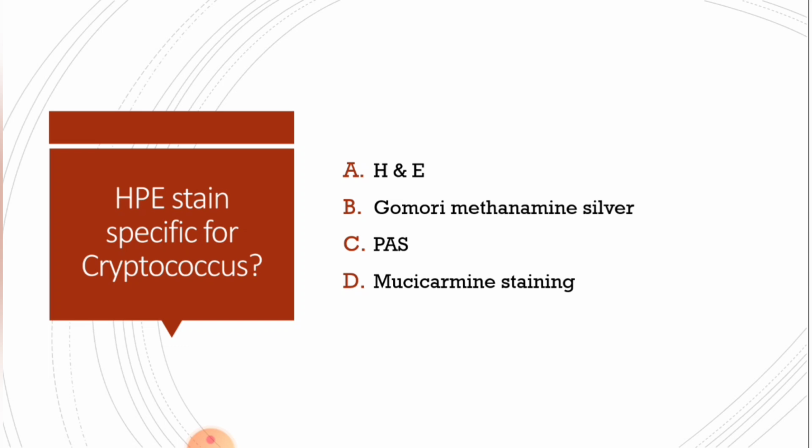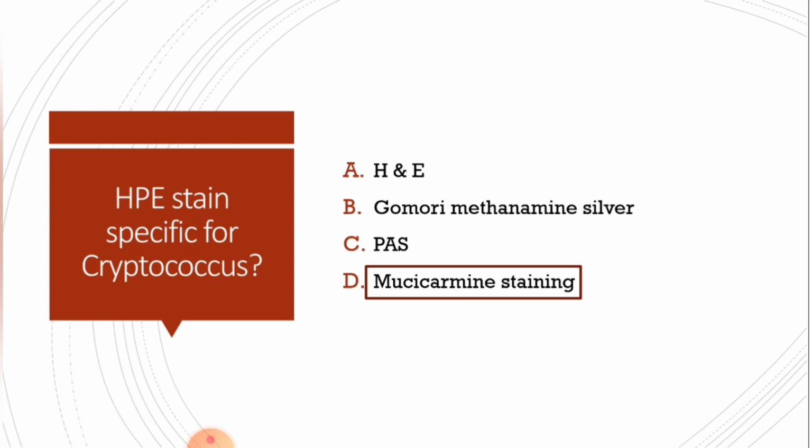Which of the HPE stains is specific for Cryptococcus? H&E, Gomori methenamine silver, PAS, mucicarmine staining. Basically, mucicarmine staining is the specific one. H&E will not differentiate between yeasts like Candida and Cryptococcus.